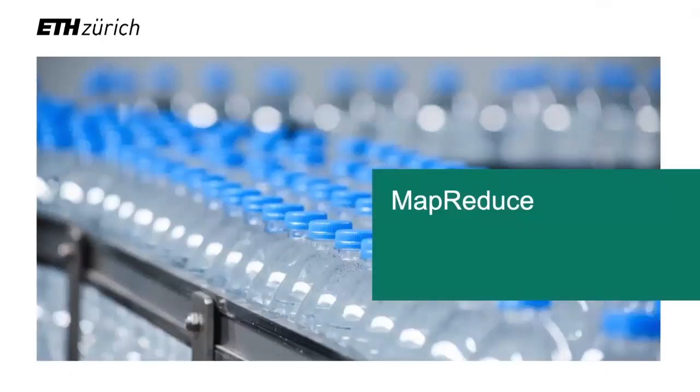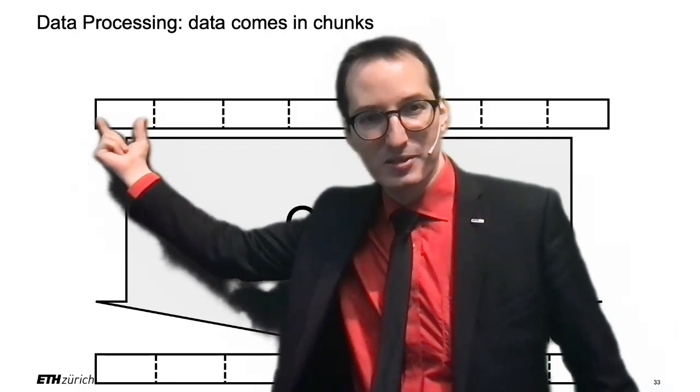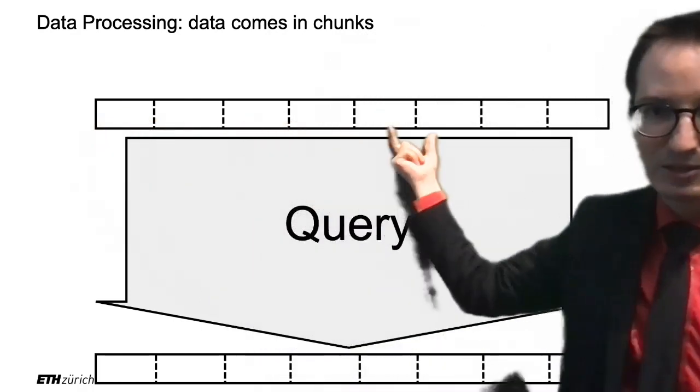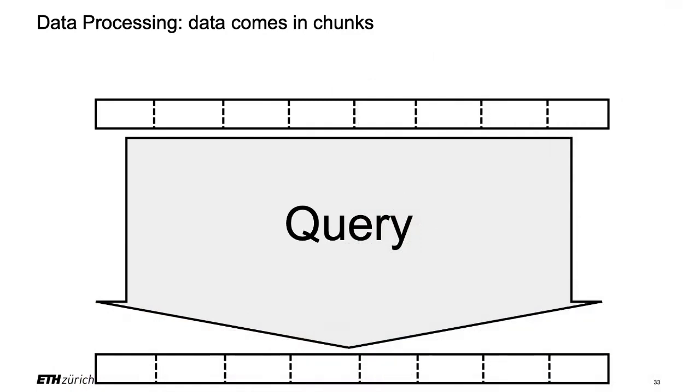So now, what is the idea behind MapReduce? The idea is that the data that you look at, the input and the output, are typically sharded, organized in blocks, chunks, splits, no matter what you call them. In the case of MapReduce, we like to call them splits, so I'm going to use the word split. So the data is split here, one split, one split, one split, one split in the input, and we will also output it in splits, right?